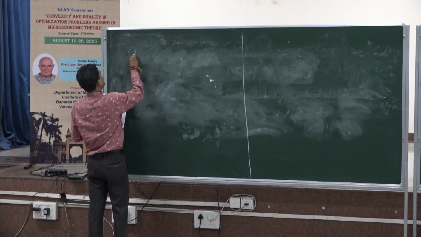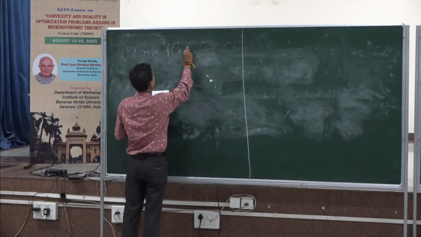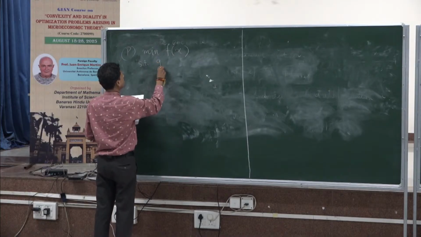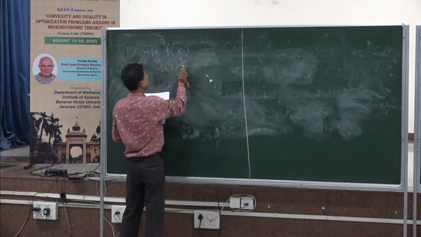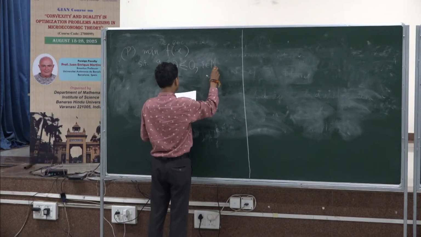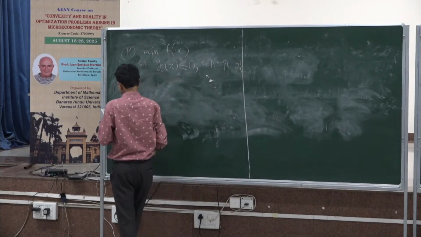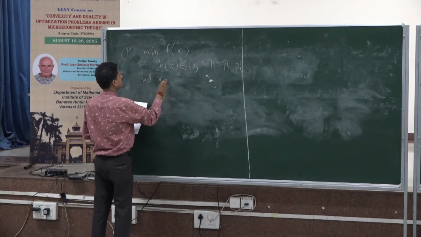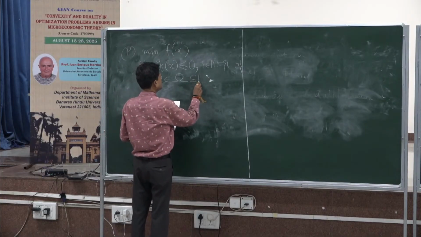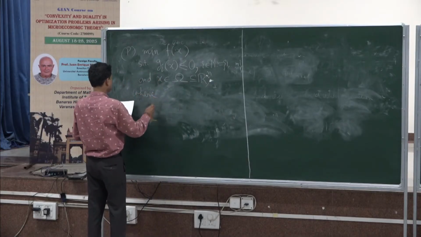For example, we took this optimization problem: minimize a function f of x subject to some inequality constraints g_i(x) ≤ 0, for i from 1 to m, and also we have a set constraint, and we assume that these functions are convex.